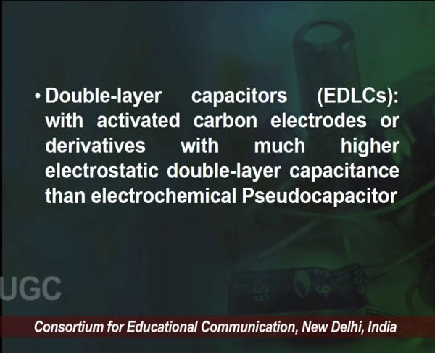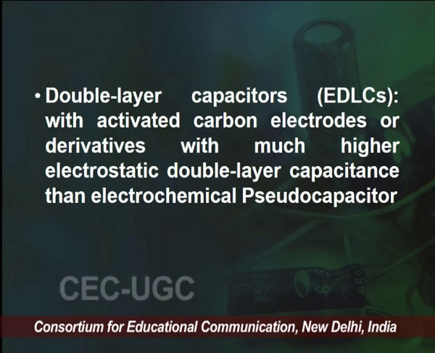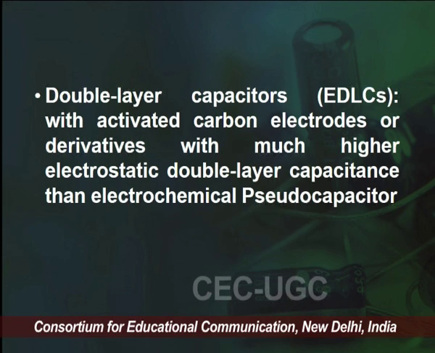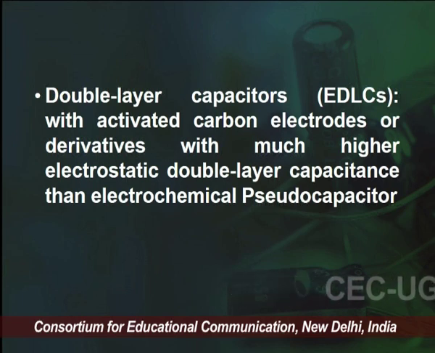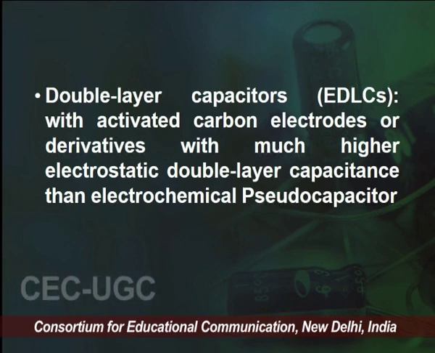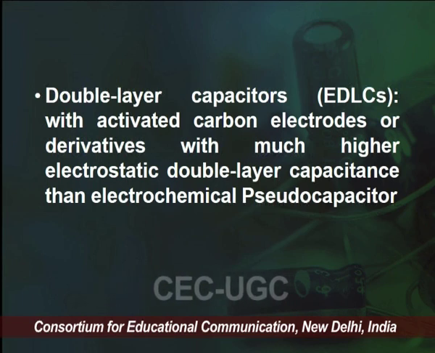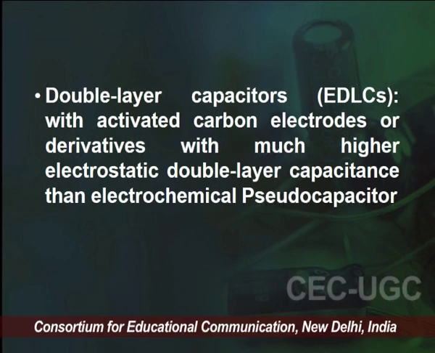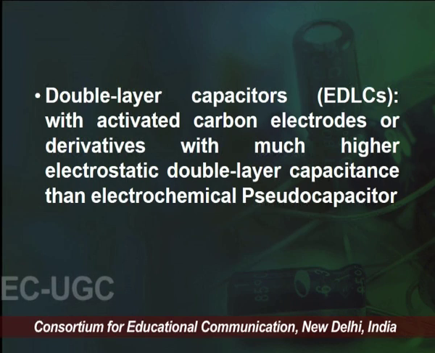Now if we talk about the double layer capacitor, which is one form of the supercapacitor, it uses activated carbon electrodes or derivatives of carbon with much higher electrostatic double layer capacitance than that of the electrochemical pseudo capacitor. If we talk about the pseudo capacitor, transition metal oxide or conducting polymer electrodes with a high electrochemical pseudo capacitance are used.